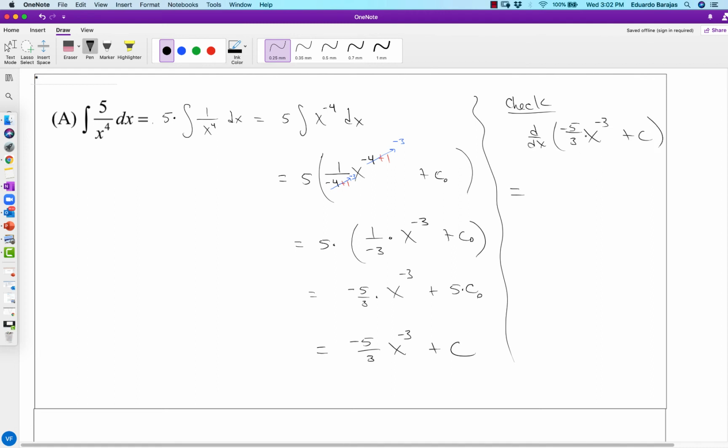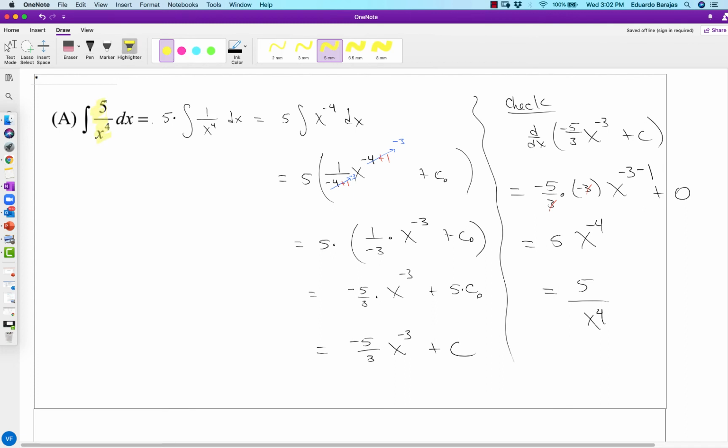Okay, so then the pattern for derivatives, this is going to be negative 5 over 3 times negative 3 x to the negative 3 minus 1, plus 0. We take the derivative. So this becomes, these 3's cancel. This 3 cancels with that, and so we end up with positive 5 x to the minus 4 plus 0, which gives you 5 over x to the 4th power. That's exactly what we were looking for over here. So that confirms for us that this is in fact the right answer.